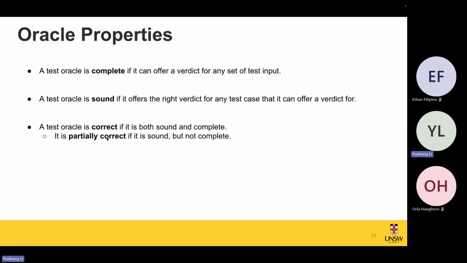And we call it partially correct if it is sound but not complete. For example, the assertions we saw on the scaffolding slide are partially correct. They can cover the exact test cases, but they are not complete. They cannot cover all the potential test inputs.